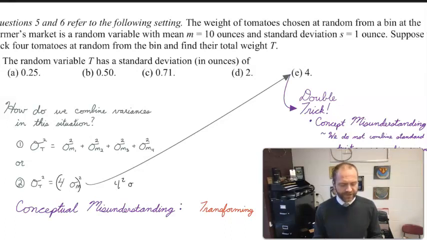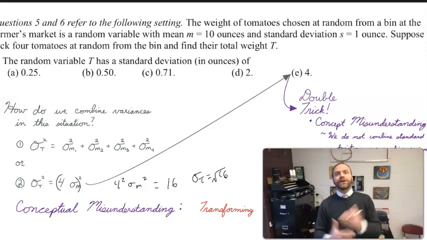That'll be 4 squared and my standard deviation squared. So I'd have 16 times 1 squared, which is 16. But that's my variance. So my variance equals 16, which means my standard deviation would be the square root of 16, which is 4, which still is wrong.